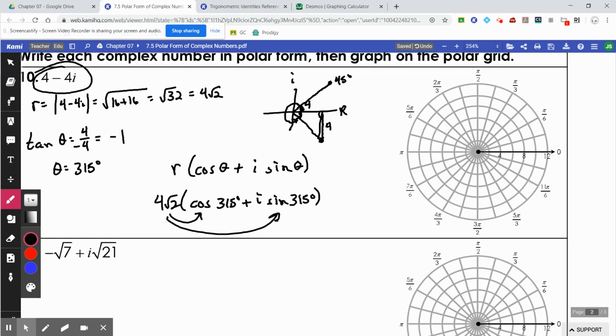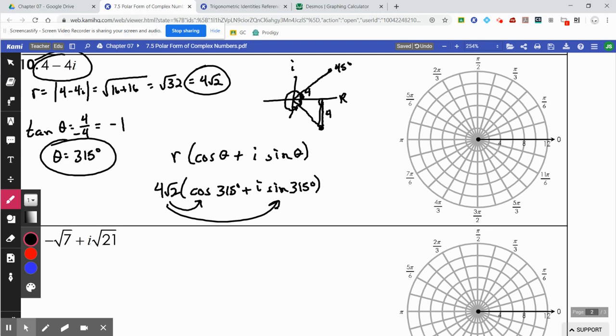So you have a radius of 4 root 2 and an angle of 315 degrees. So we're going to go out 4 root 2, which in decimal form is about 5.7, and rotate 315 degrees. Now notice they've got all these in radians. So I should have probably, instead of 315, pi over 4 was my reference, so 315 would be 7 pi over 4.